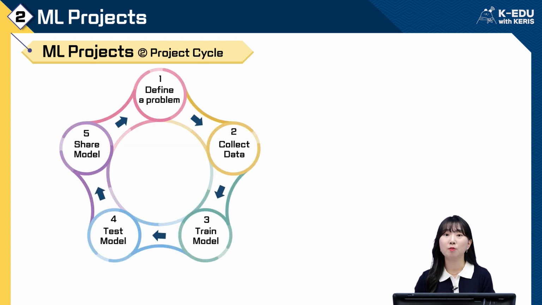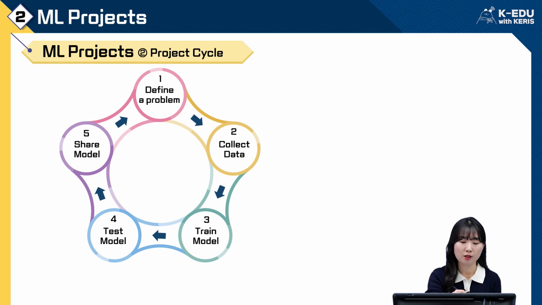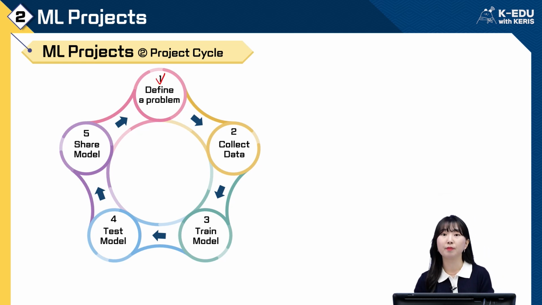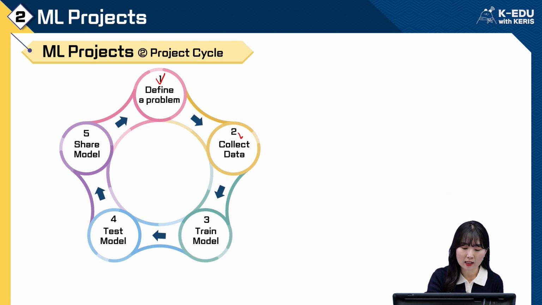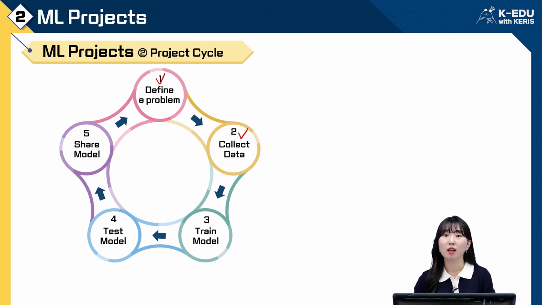Before we dive into a machine learning project, we have to know the cycle of a machine learning project. First step is to define a problem, to determine if it needs to be solved with machine learning. Second step is to collect training data. Collect data to train machines. Data should be sufficient and diverse. The performance of the machine depends on the learning data.